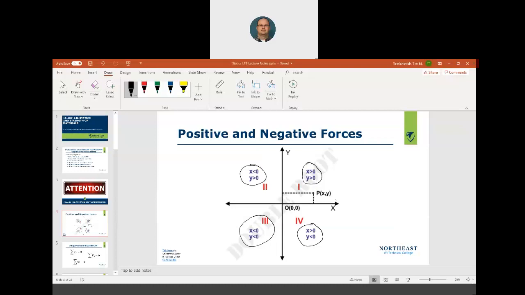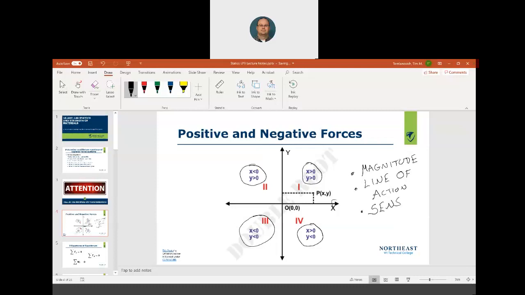Because remember, we have 4 components of a force. We have magnitude, that's the value, kips, kilonewtons. We have line of action, that's the angle measured from the x-axis. Okay. What else do we have? We have the sense.